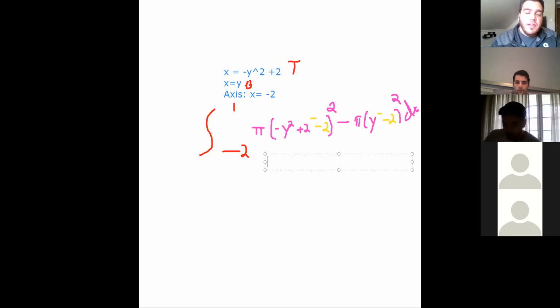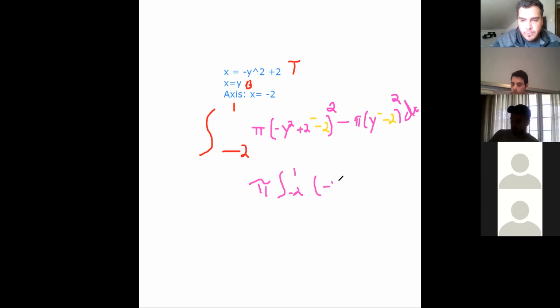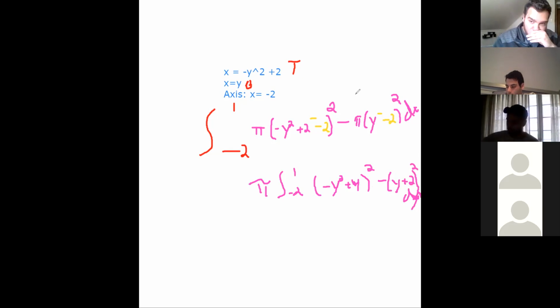There's no way to type this, so it's pi times the integral from negative 2 to 1 of (negative y squared plus 2, plus 4, because a double negative becomes a positive) squared minus, and I took out the pi because they're both being multiplied by pi, so I only have to factor out one pi, (y plus 2) squared dx. Oh, I'm sorry, this is all y, so it's dy. My fault. That should be dy.